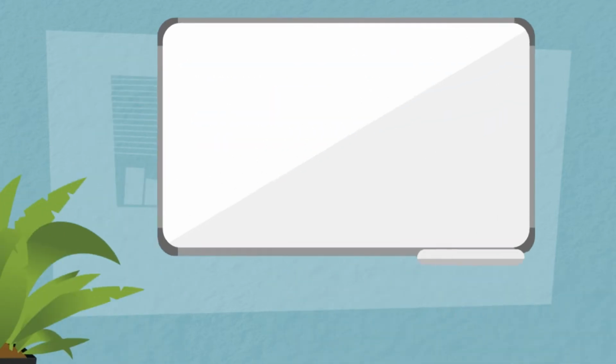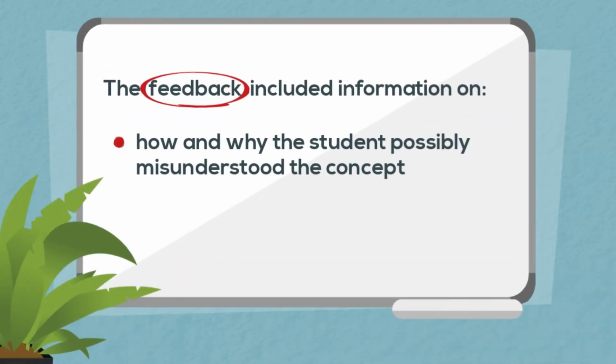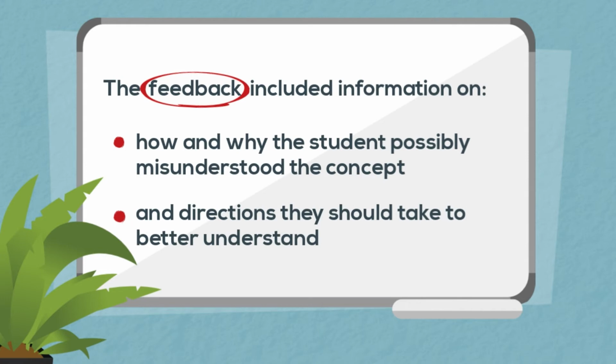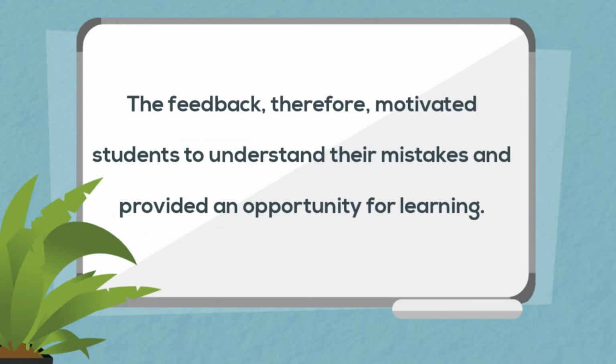The feedback included information on how and why the student possibly misunderstood the concept and directions they should take to better understand. The feedback therefore motivated students to understand their mistakes and provided an opportunity for learning.